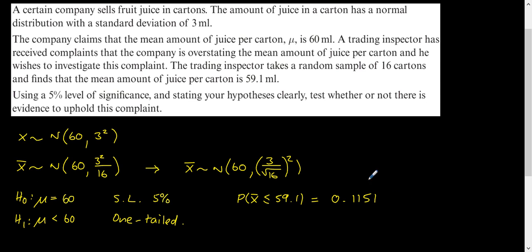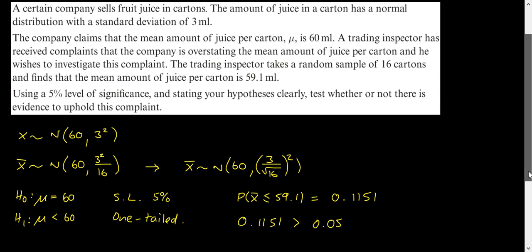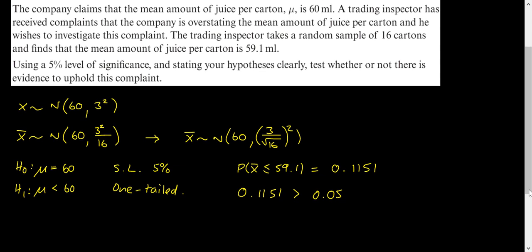Now we take this value exactly as we would in the binomial distribution, and compare it with the significance level. We can see that it's greater than the significance level. For a result to be significant, we would have to have a probability less than the significance value.